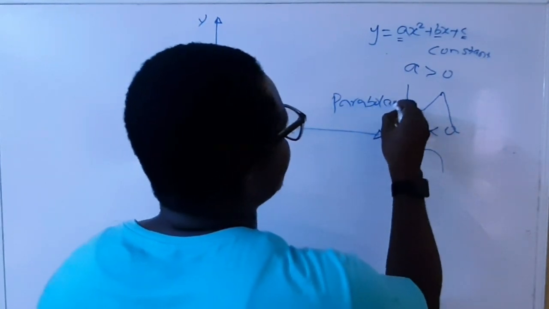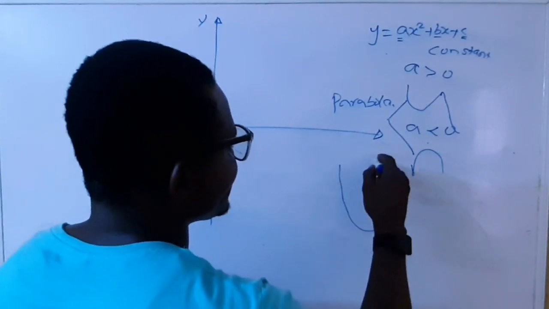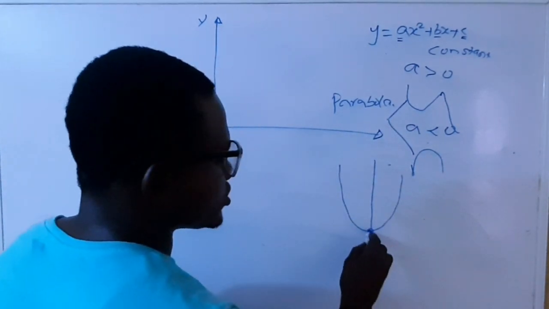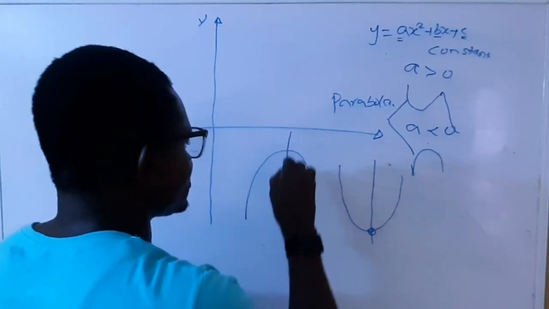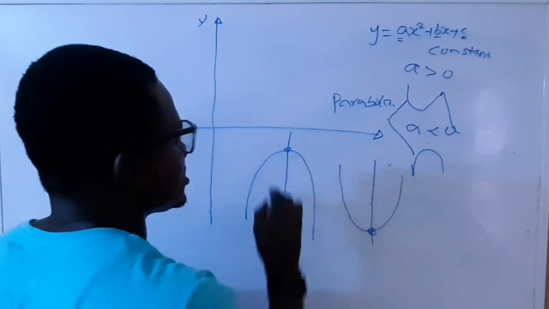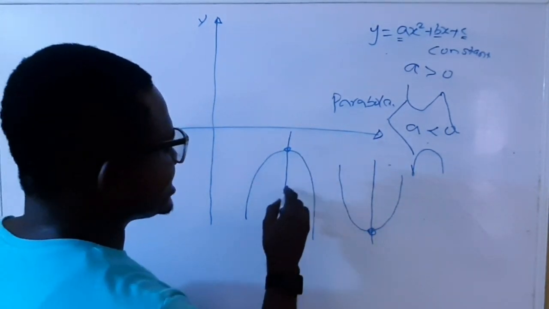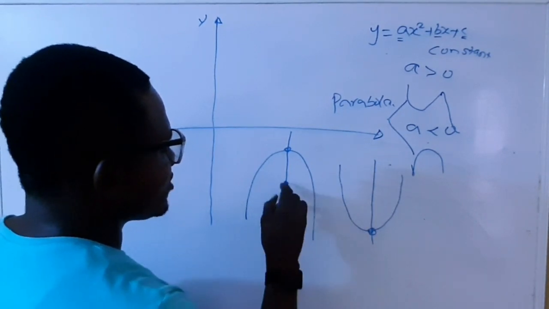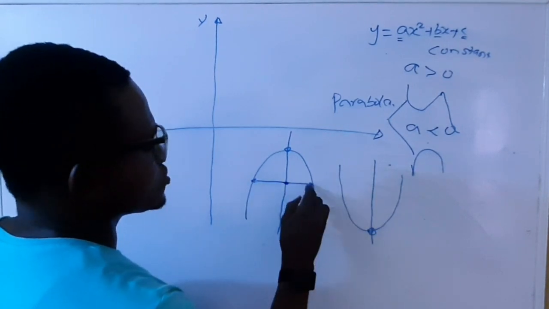Why is it a parabola? Because you have a line of symmetry that divides it into two equal parts. If I measure from any level, for instance from here to here, it gives the same value as from here to here. So that is why it is called a parabola.